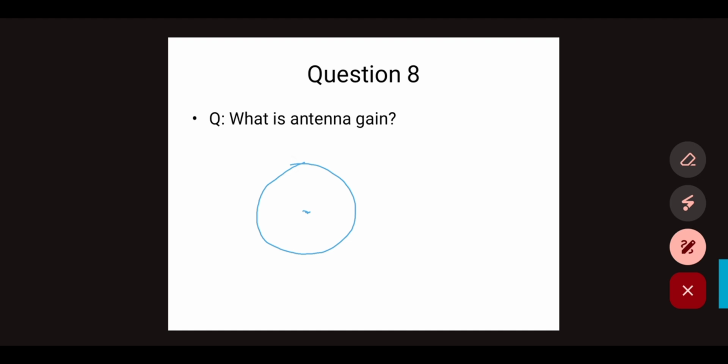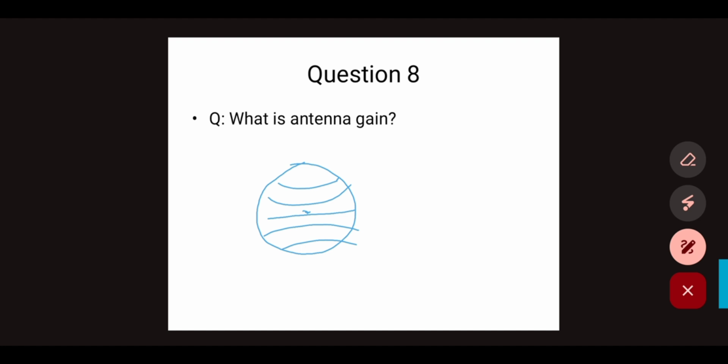This is a hypothetical antenna, and it can radiate in every direction. Imagine it's a sphere like this, and it can emit radiation in all directions equally. So this is called an isotropic antenna.